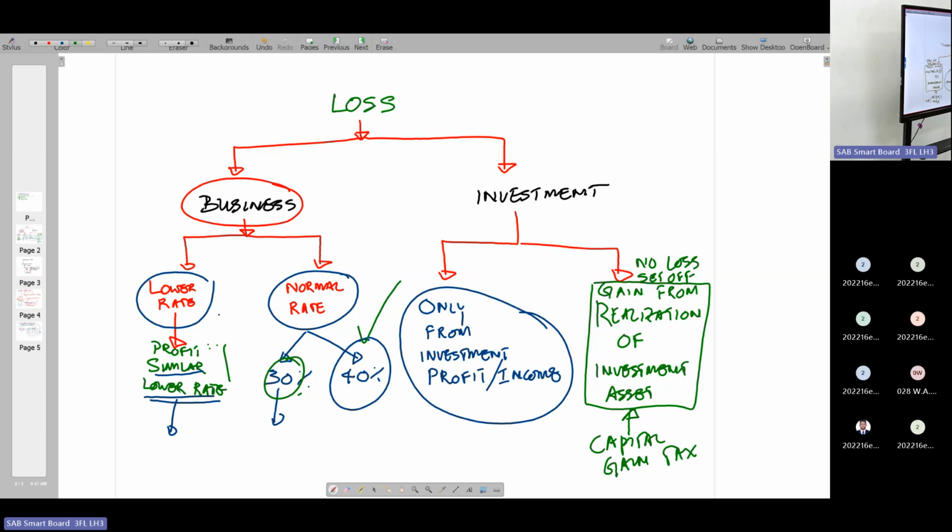That loss can be set off against the lower rate. There is no restriction in the law. The other way round, a loss at the lower rate we cannot set off against the higher rate.